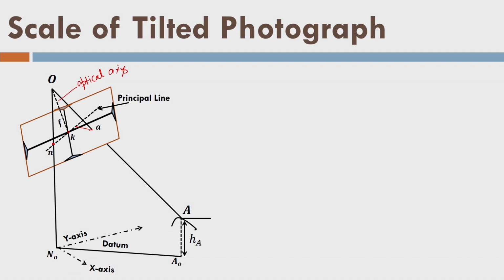If I take point A and draw the perpendicular to the principal line, I will get point M, and similarly if I draw the line from point M to the vertical line or the gravity line, I will get M dash. Because of the tilt, another point which was like this has now shifted from here to here. The optical axis is like that, fine.